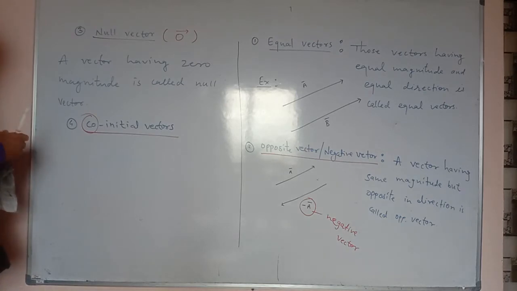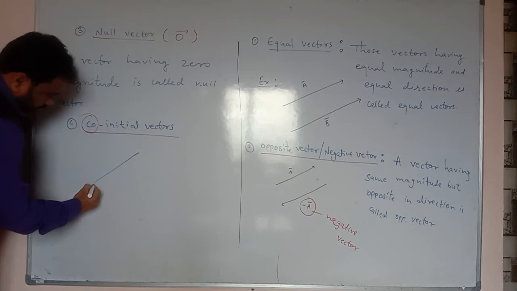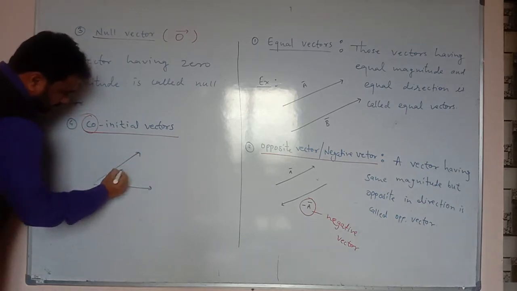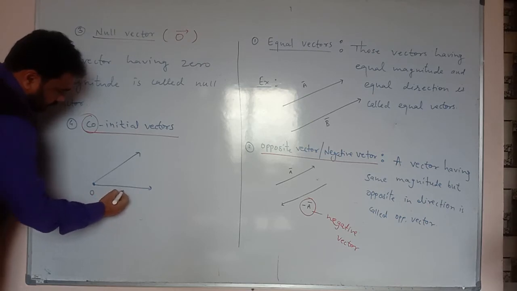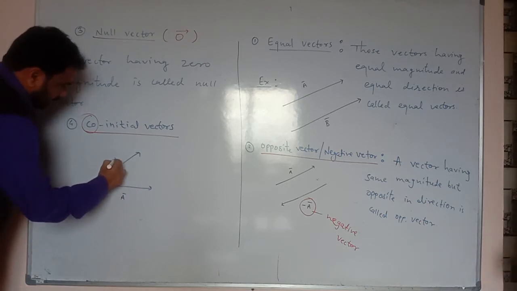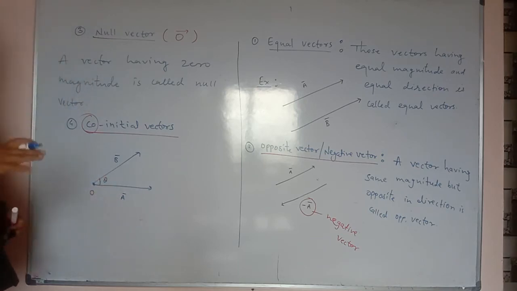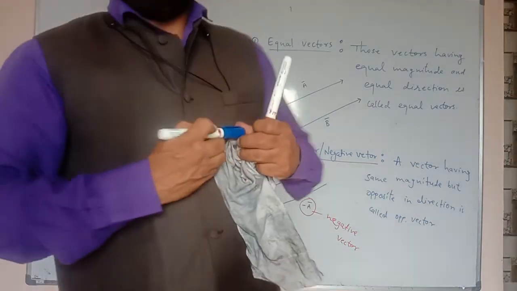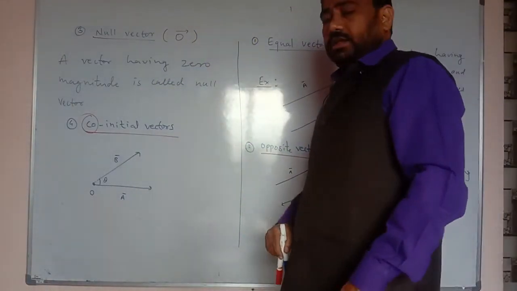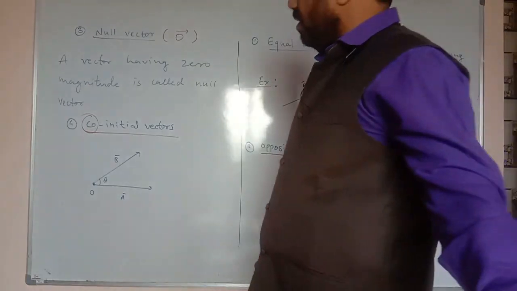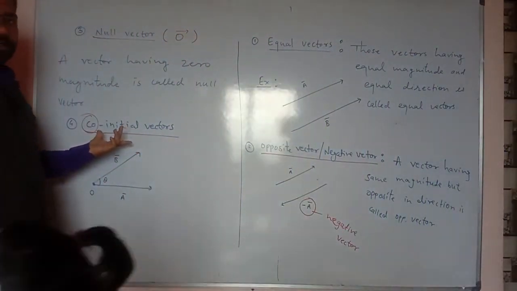Okay, so suppose here we are putting two vectors, and the starting point is supposed to be O. Here vector A is there, vector B is there, and theta is the angle of inclination between vector A and vector B. Now these vectors are called co-initial vectors. Why?